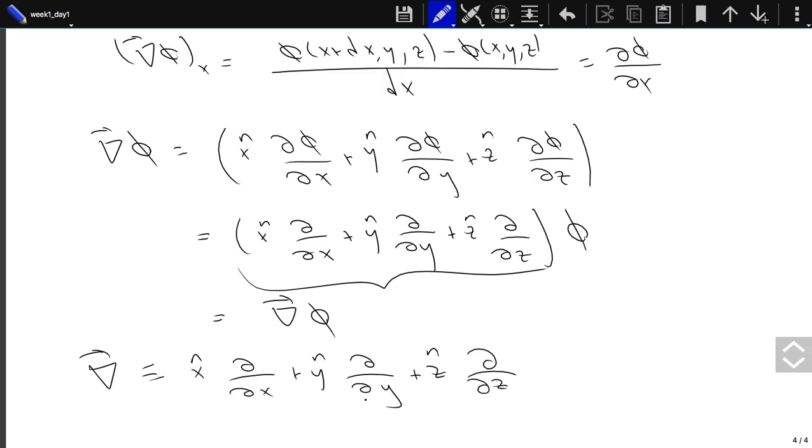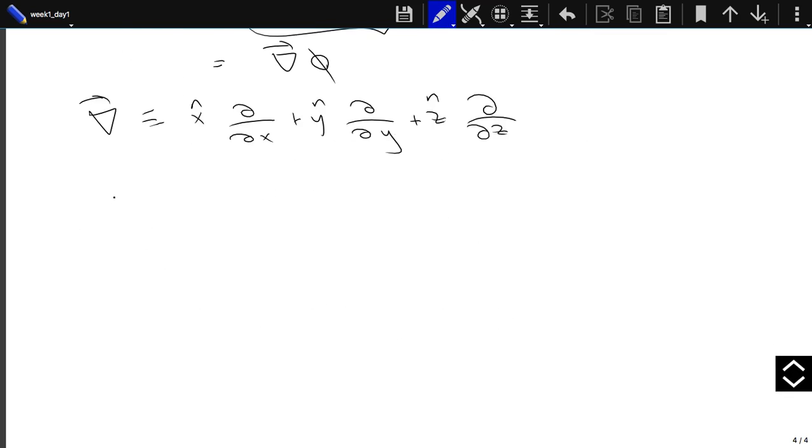Now let's try to understand what it does, the gradient of phi. Well, this is the definition that we used. What is this? How do you calculate the scalar product of two vectors?